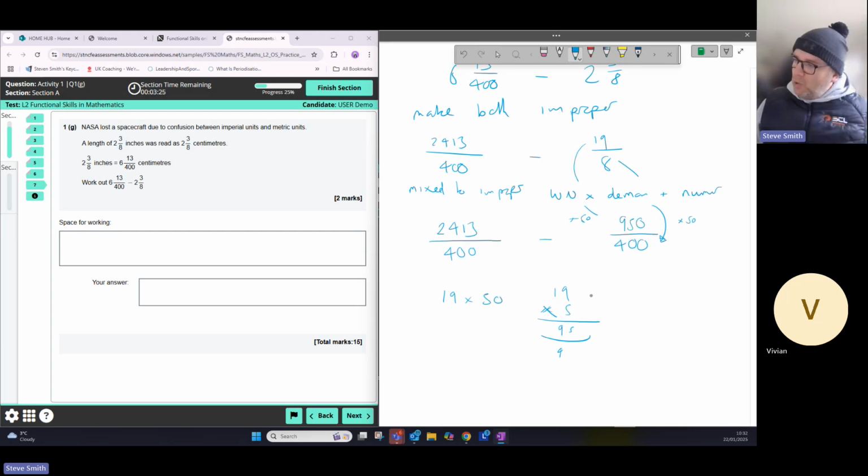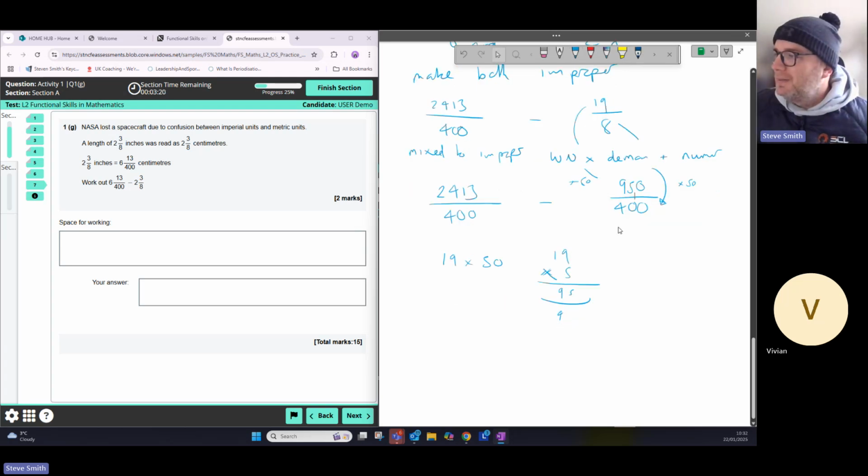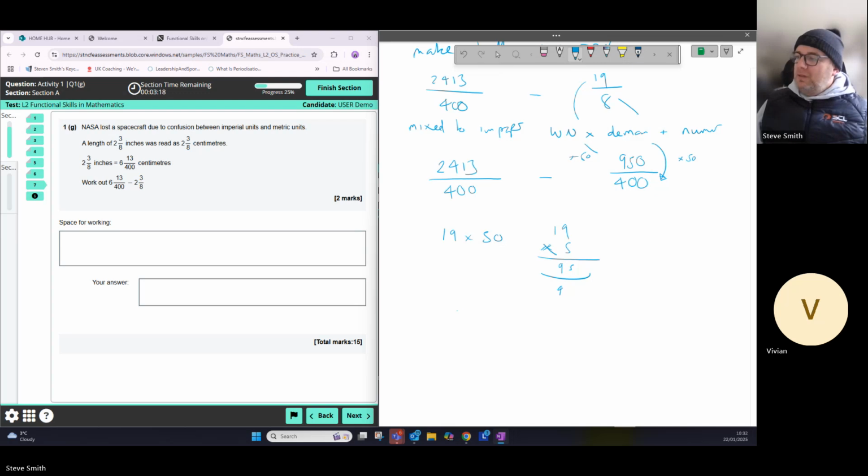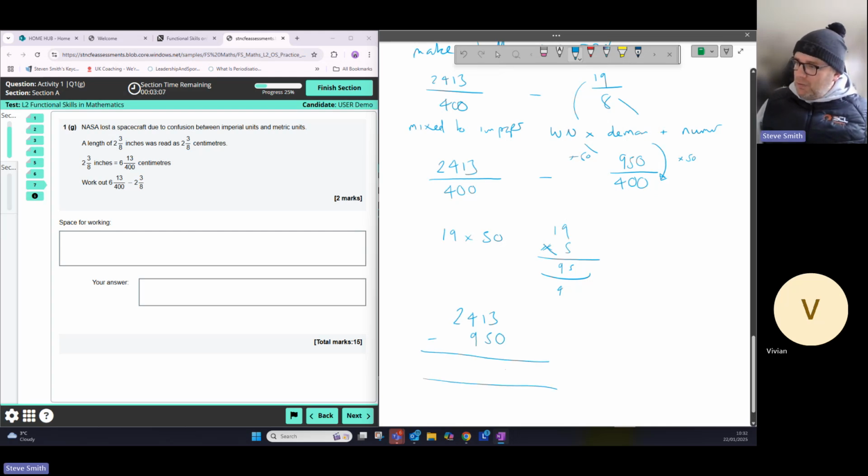So I've got 950 400ths minus from my bigger number here, look. So minus 950. The 400s stay the same, they don't change. 3 take away 0 remains at 3. 1 take away 5 I can't do. 11 take away 5 I can, that becomes 6. 3 take away 9 I can't do. 13 take away 9 becomes a 4.